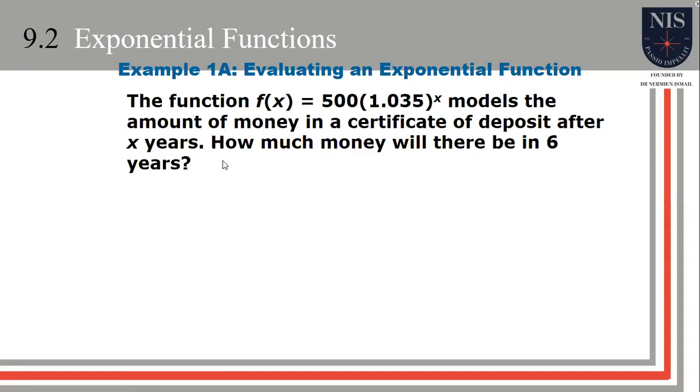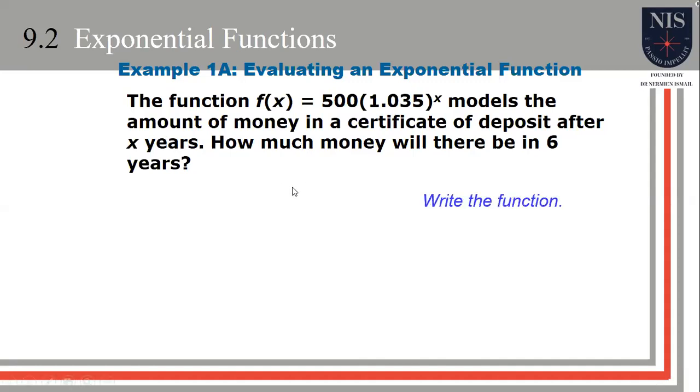Then you want to deposit the money in a bank, right? And you want to leave it for a while. Then how much money will there be in 6 years? So we will replace the value of x now by how many to solve this question? 6. Yes, we will substitute the value of x here by 6 to find the amount of money after 6 years.